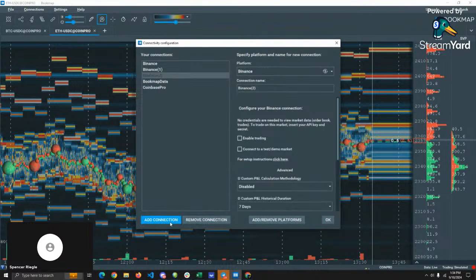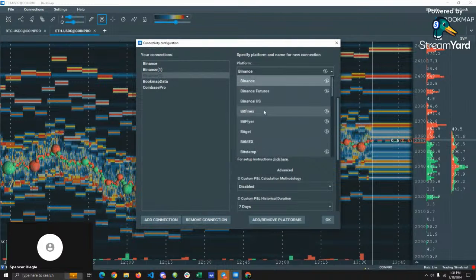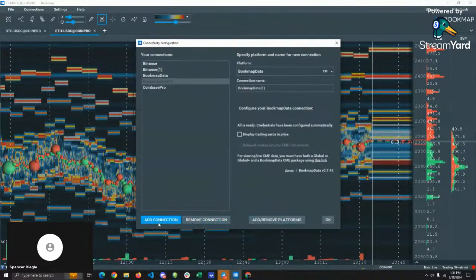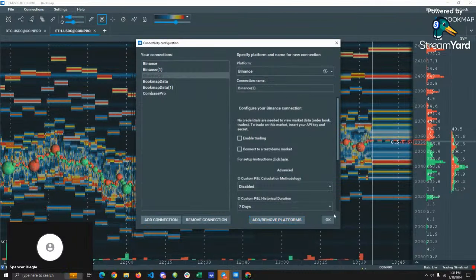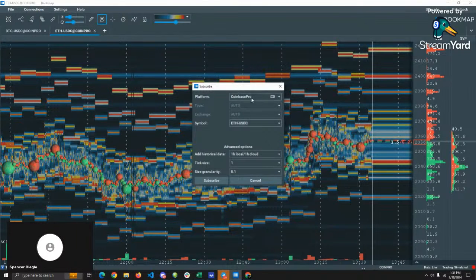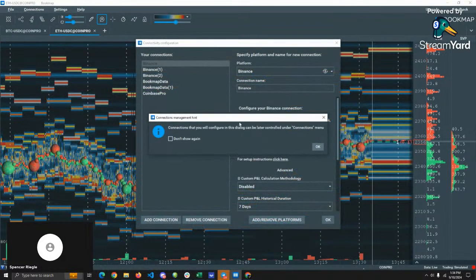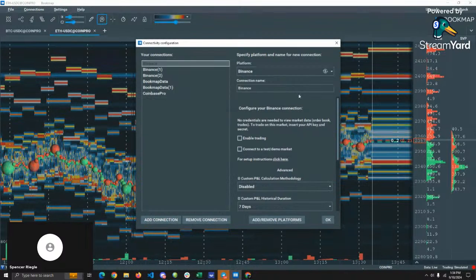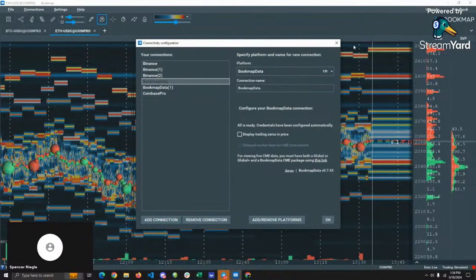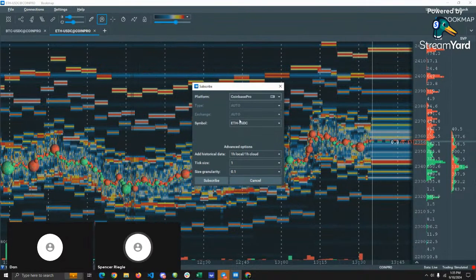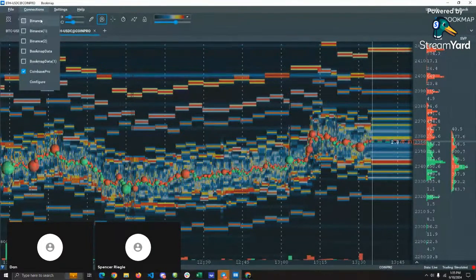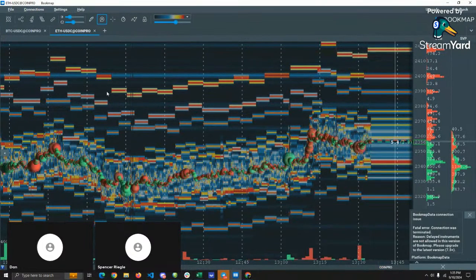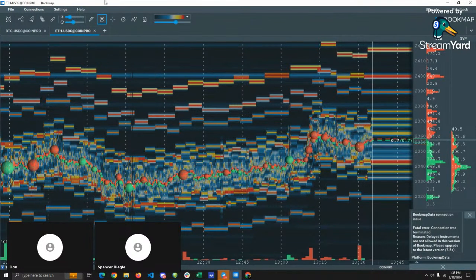Okay. Bookmap data, right? Okay, perfect. Let me do that. And then tick Bookmap data, and then it should be available as a provider for you.